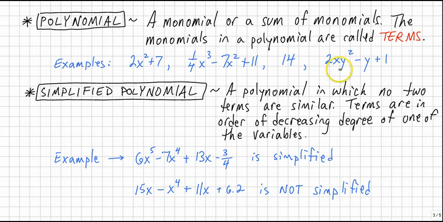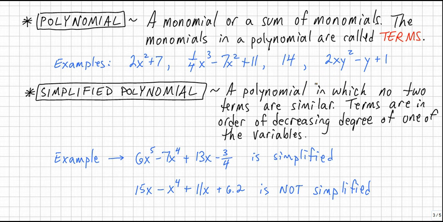And you can have lots of variables in your polynomial. So 2xy squared minus y plus 1, that would be a polynomial because 2xy squared is a monomial, negative y is a monomial, and 1 is a monomial. And then when you add them together, you get a polynomial.